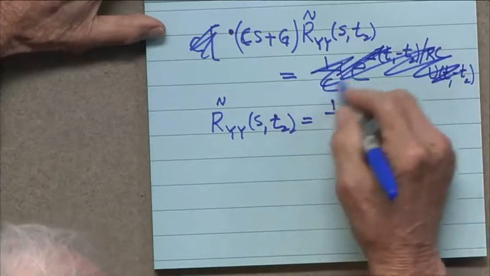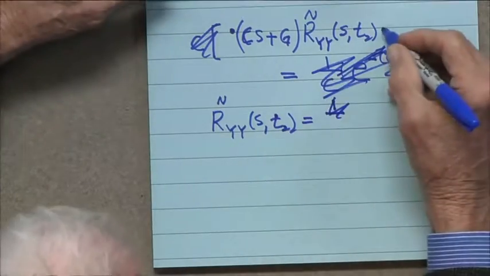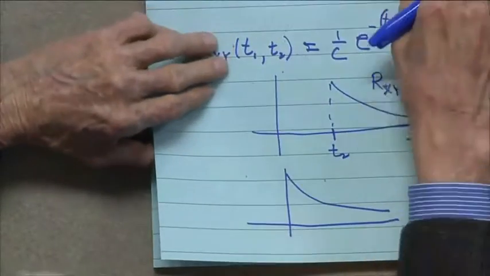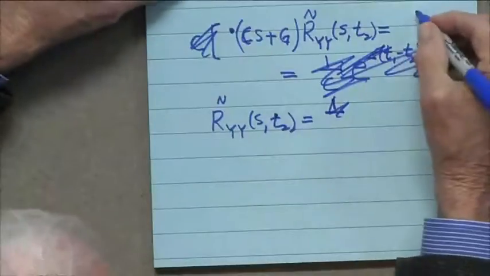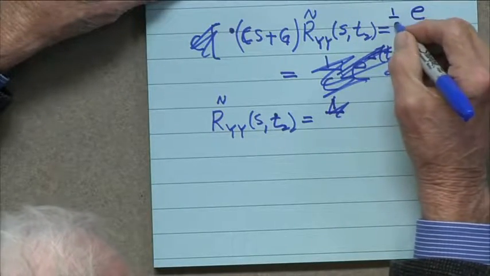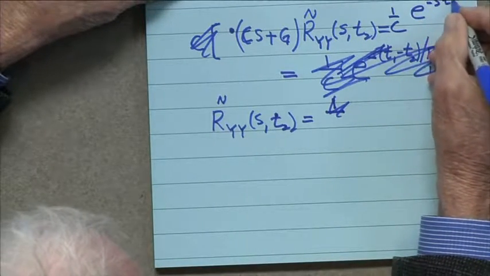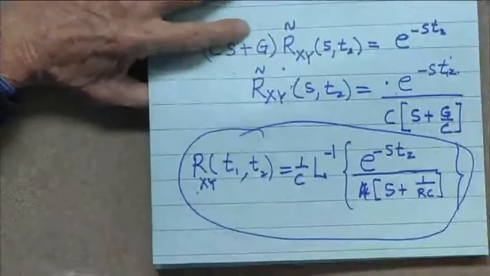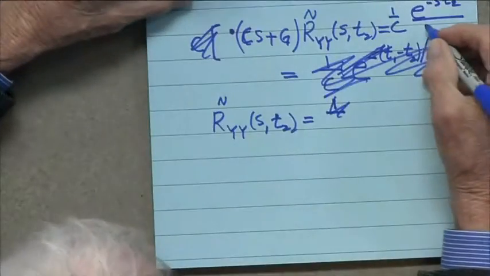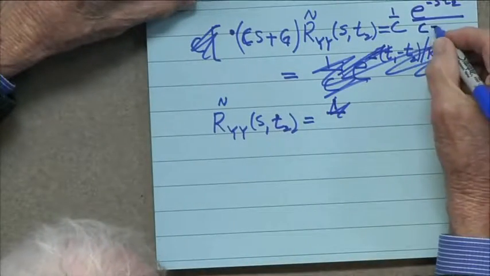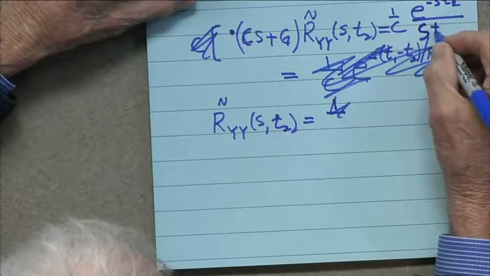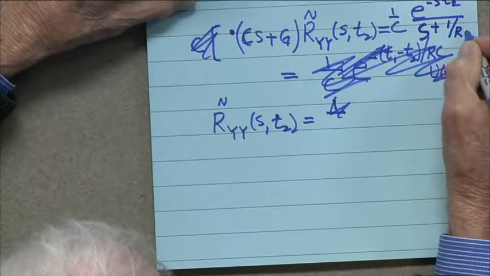This is equal to 1 over C, e to the minus S T2 over S plus 1 over RC.